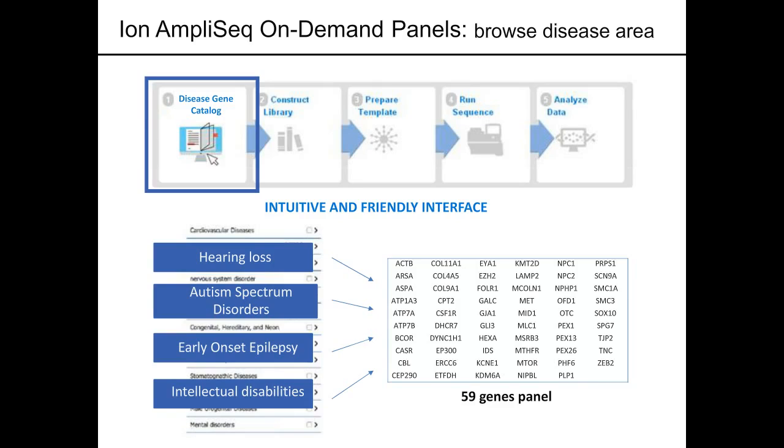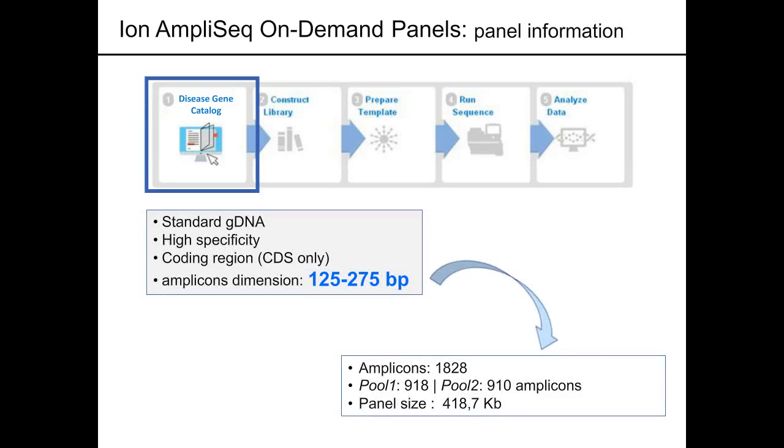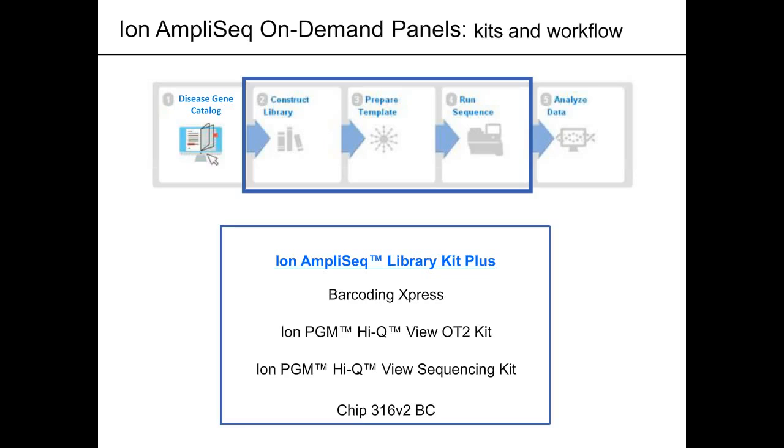So we came up with a 59 gene panel, which included about 1,800 amplicons with an amplicon dimension of about 200 base pairs, which we analyzed with a new chemistry, the Ion AmpliSeq Library Kit Plus, and the Ion PGM High QView OT2 kit on 316 chips.